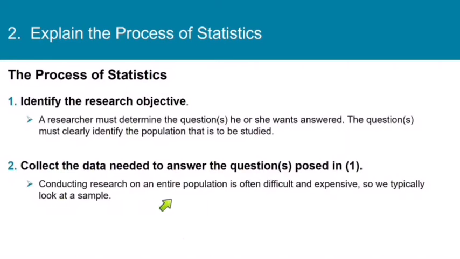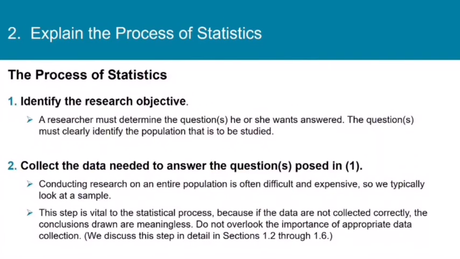Usually conducting research on an entire population is difficult and expensive, so we usually look at a sample. And this is a vital step in the statistical process because if the data are not collected correctly, the conclusions drawn are meaningless. Do not overlook the importance of appropriate data collection. So we're going to talk in the rest of this chapter about a few different sampling methods, and really my goal is not to make you into a researcher.